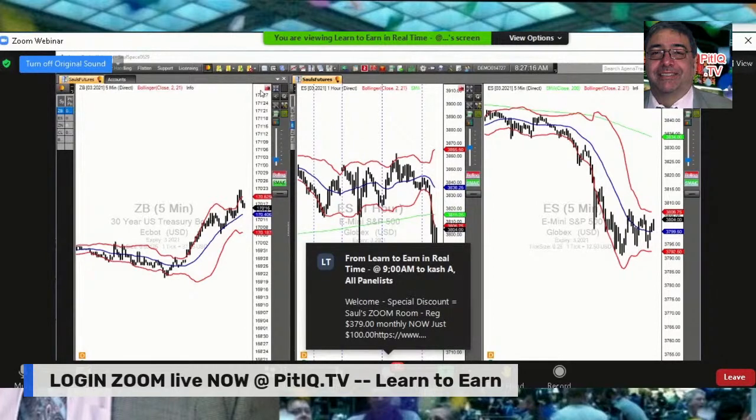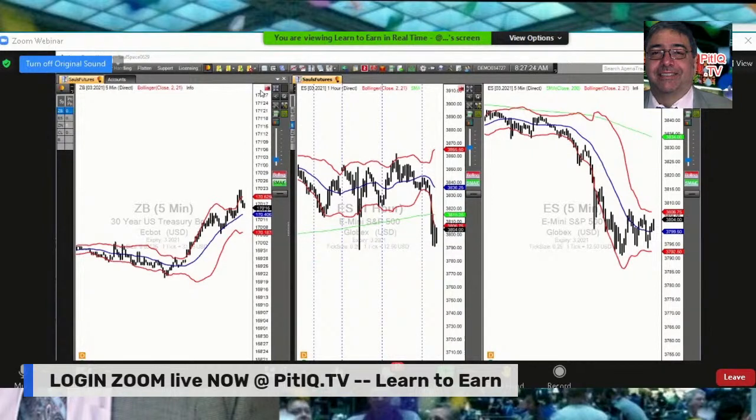Pivot 3802. Resistance at 14, 23, 31, 41, 53. And then support below at 91, 3791, 3780, 72, 65, and 58.